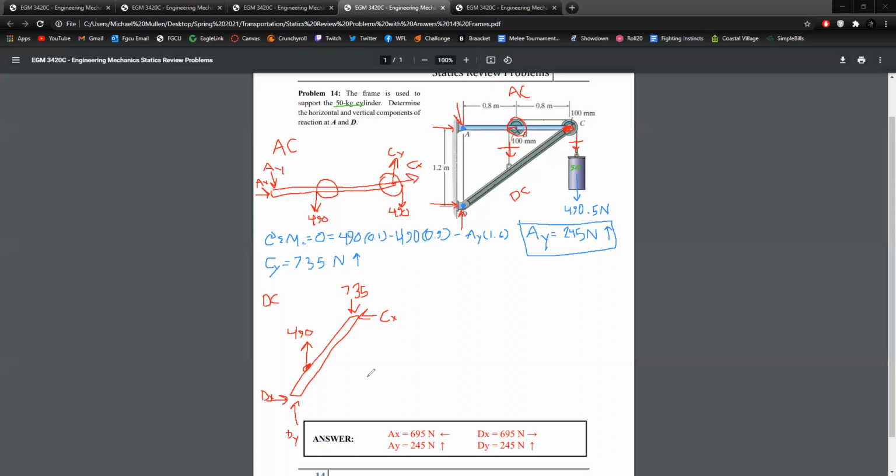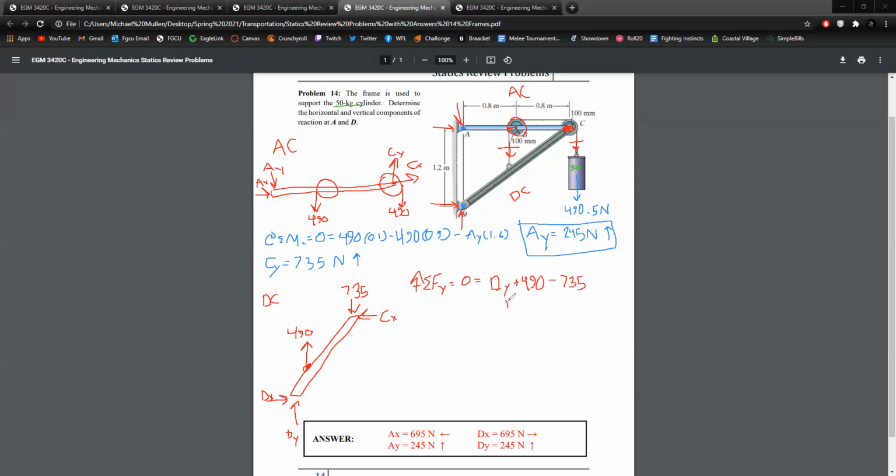So knowing this, taking a look, we can see in the y direction, we have two knowns, one unknown. So we can do sum of the forces in the y direction. It's going to be equal to dy plus 490 minus 735.